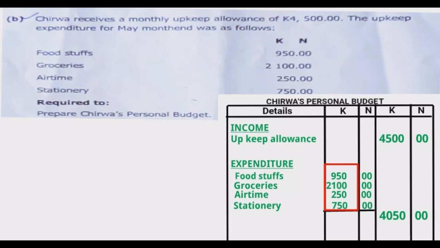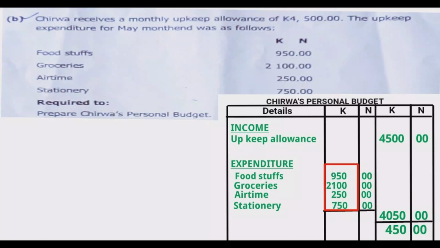After finding the total sum of the expenditure, we can find the difference between the money Chirwa is going to receive and what he's going to spend. After spending the money on the expenditures, Chirwa is going to remain with some. Let's subtract: 0 minus 0 is 0. 0 minus 5, it can't, so we borrow 1 from the 5 and it becomes 10. 10 minus 5 gives us 5.